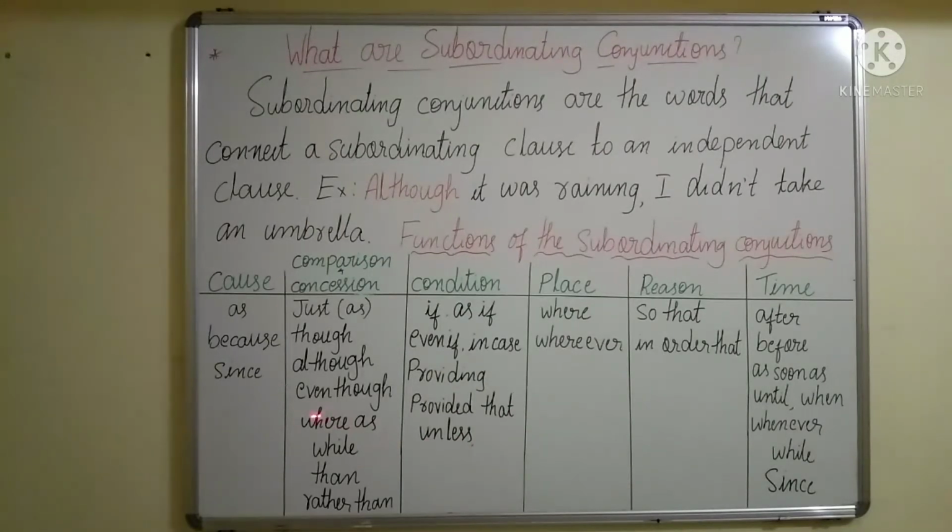I don't say only these conjunctions are subordinating conjunctions, because I think there are more than 50, but I have taken some of them here. So these are the functions of the subordinating conjunctions.